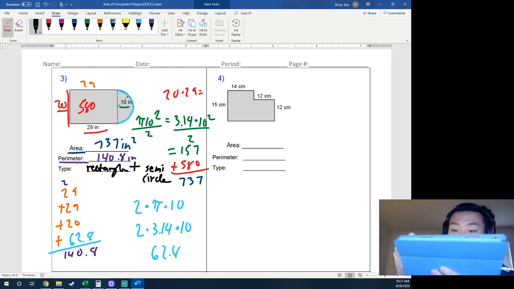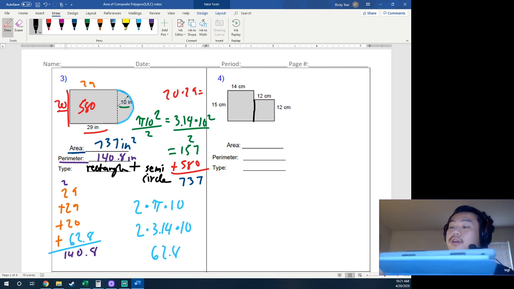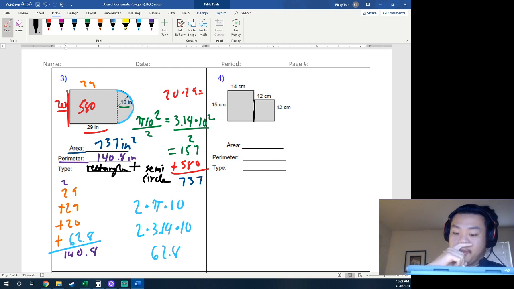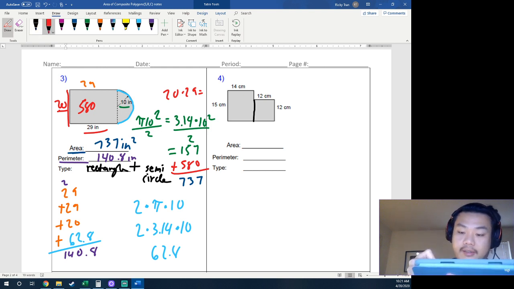Okay, let's keep going on. Here we have two shapes, so I'm going to split it down the middle. So we have a rectangle on the left and then a square on the right. The area of this is going to be 12 times 12, or 144. So the area is 144 here.